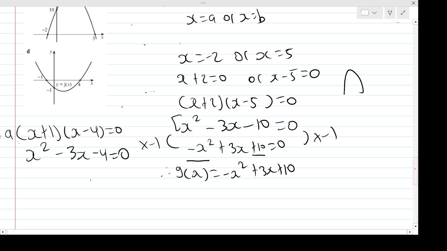So if we were to expand that, this is the expansion, but again that's going to be multiplied by a. So let's expand it. I'm going to get ax squared minus 3ax minus 4a equals 0.